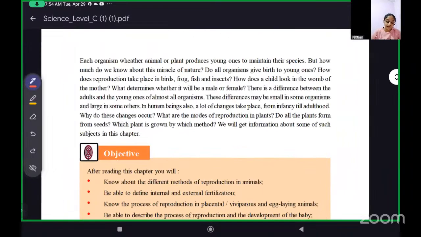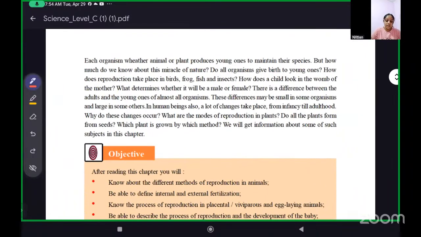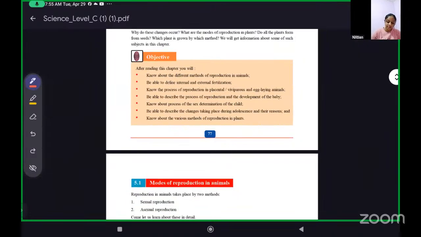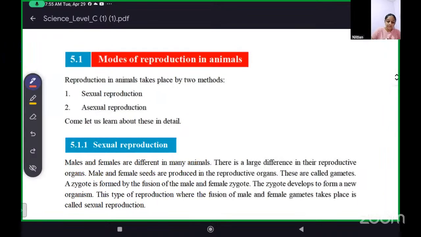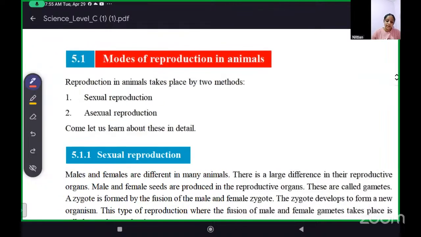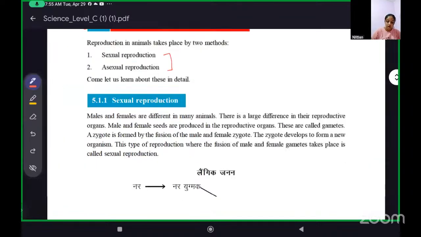Now, all organisms give birth to young ones, like birds, frogs, fish, and insects. And how does it happen? We will study about it. Now, when it comes to reproduction, there are two modes of reproduction, known as sexual reproduction and asexual reproduction.